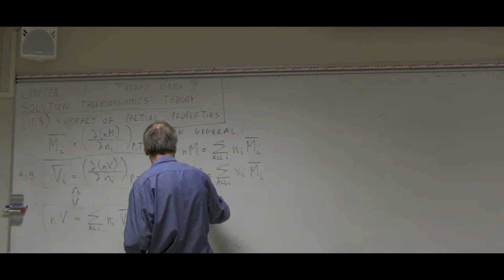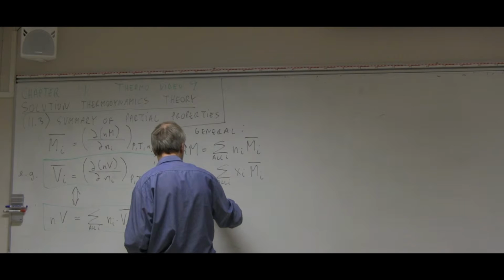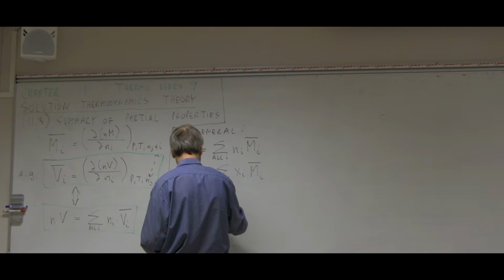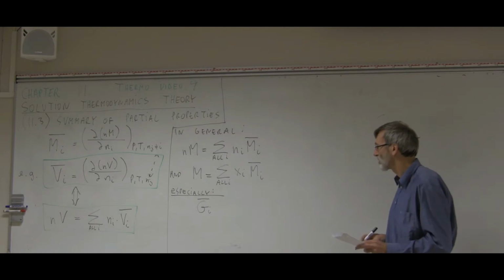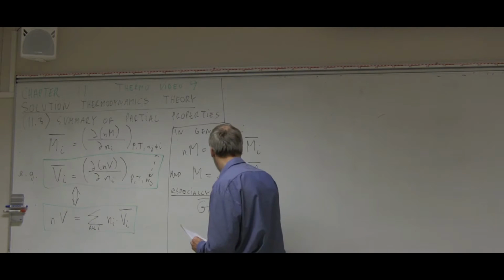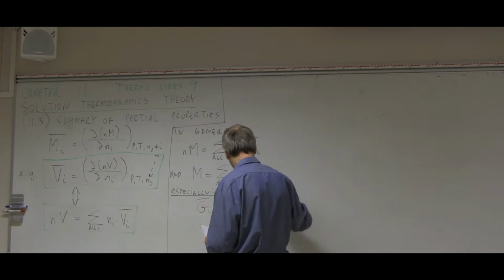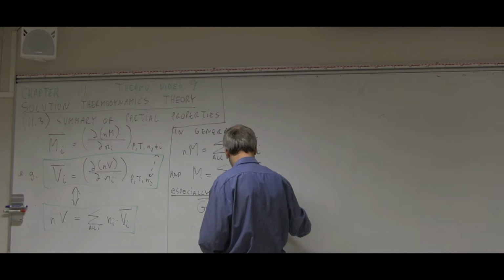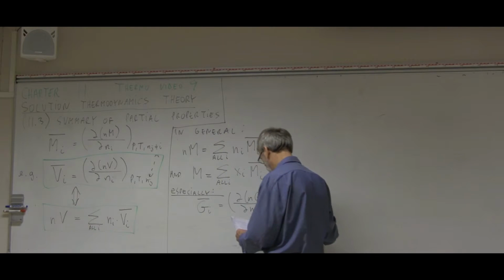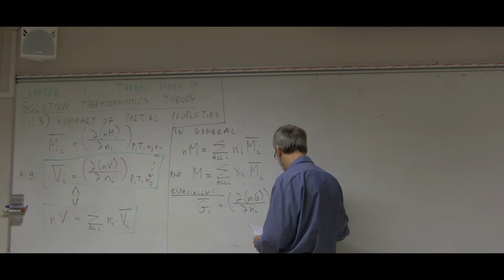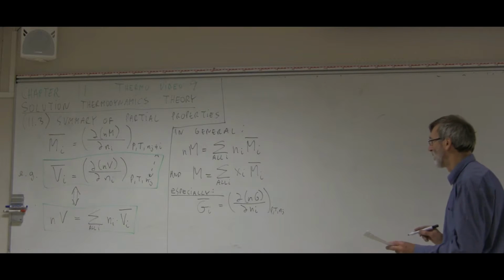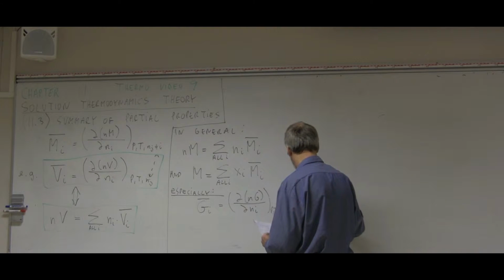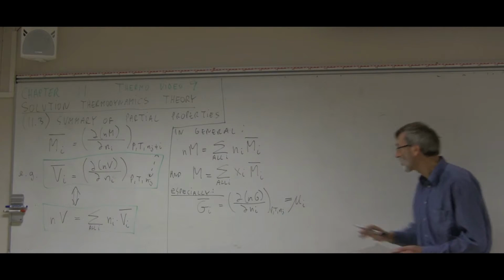And especially we have that the Gibbs free energy partial property is the derivative of nG by ni at constant P, T, and nj, and that is the chemical potential.